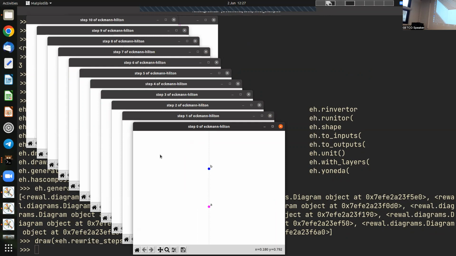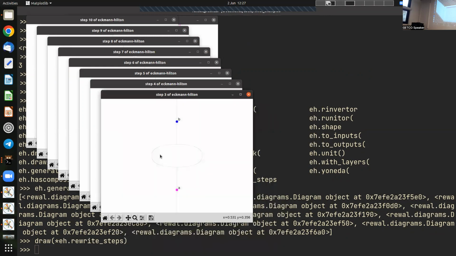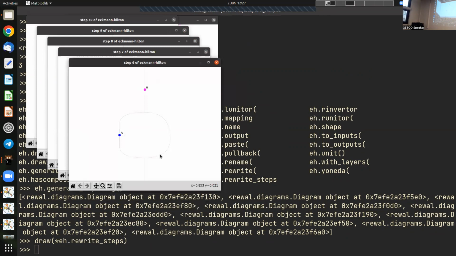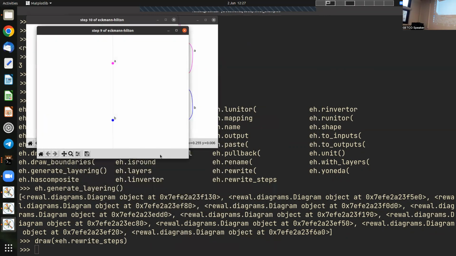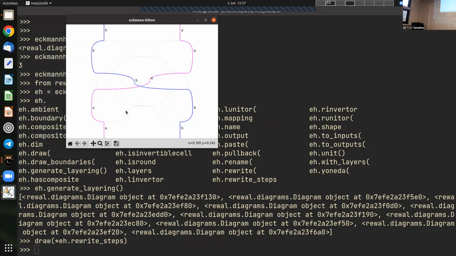So you start from A below B, then you create some units, you create this train track in the middle. You move B to one side, A to the other side, then you make them slide like this. This is automatically generated starting from this diagram.